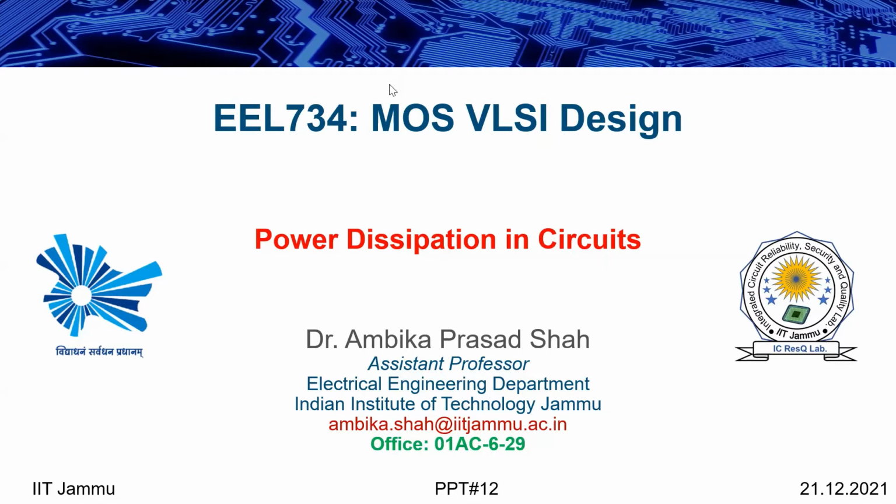But before we move ahead with low power CMOS circuit design, we should understand the different kinds of power components that come into the picture, especially in CMOS circuits. As I already told you, power dissipation becomes one of the prime concerns, or major issues, especially for scaled technology.